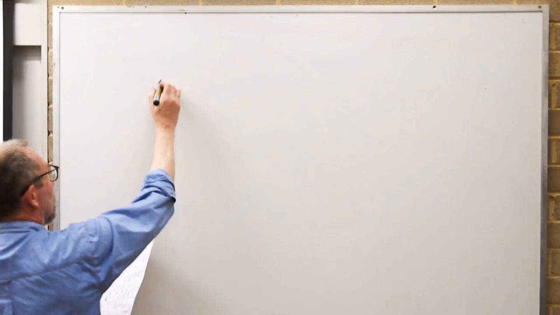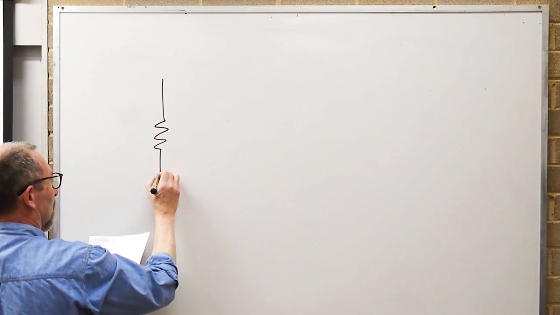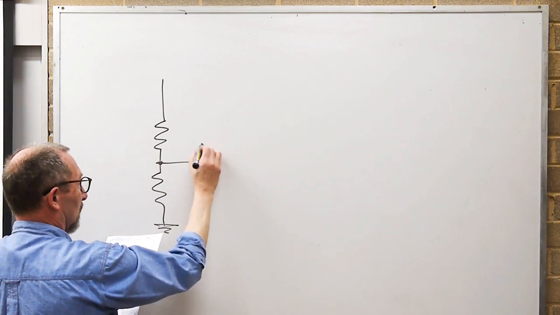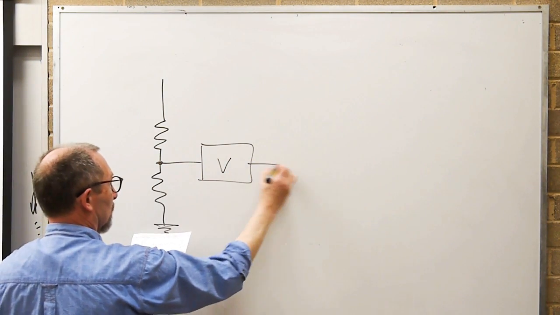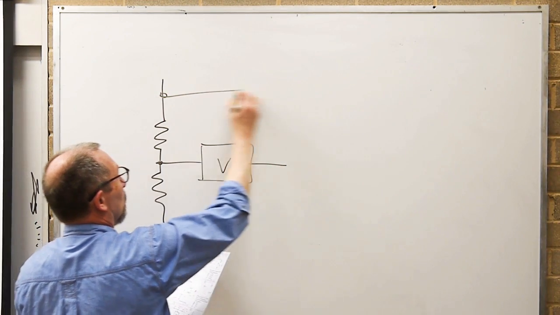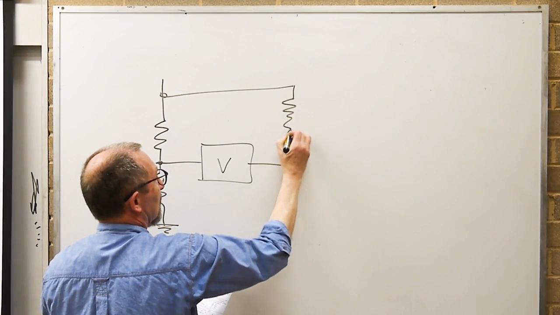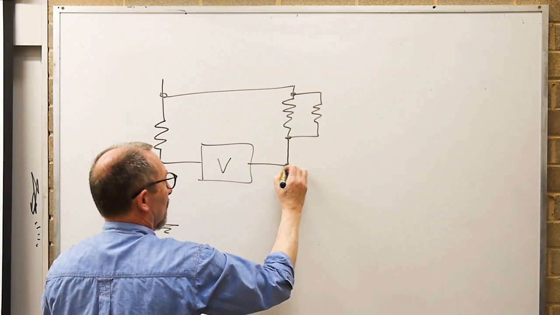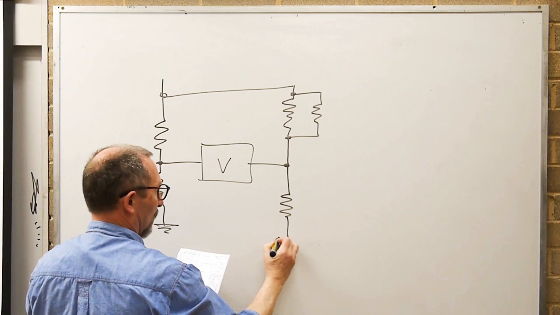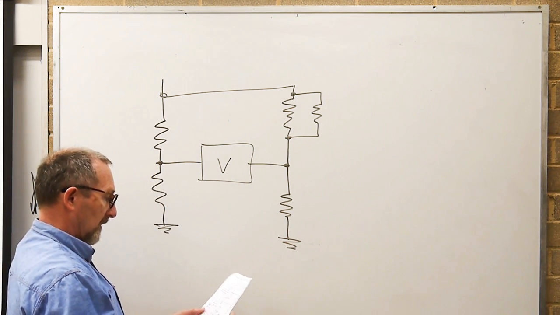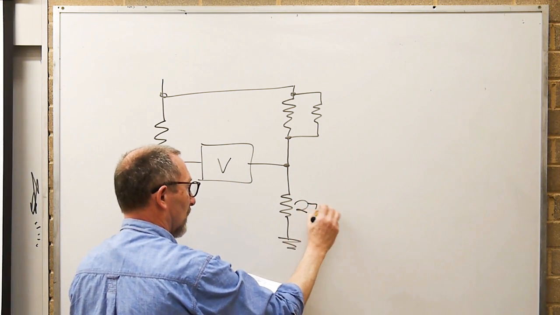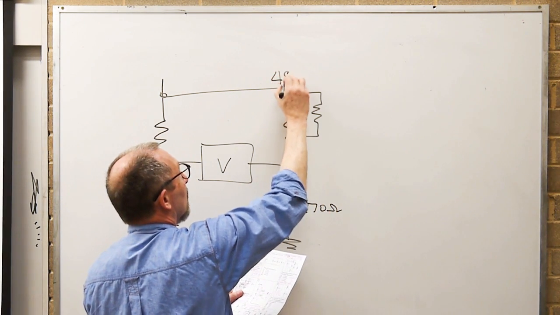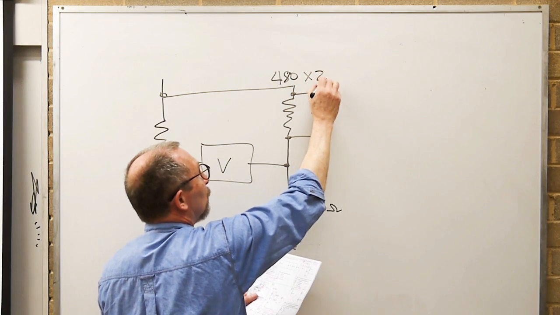We saw a question like this last week. Voltmeter, and we had some other resistors here. In fact, 2 in parallel, junction, 1 down to ground, 270 ohms, 480 times 2.